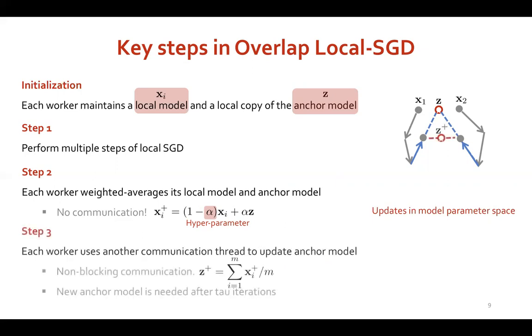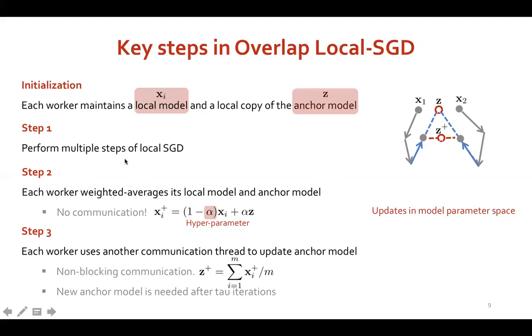Now, the next step aggregates and averages these anchor models across the workers. While we are averaging x plus, which are the updated models at the different workers, a different thread performs local computation at the workers.